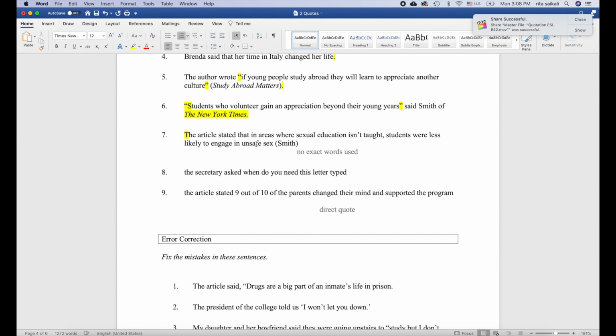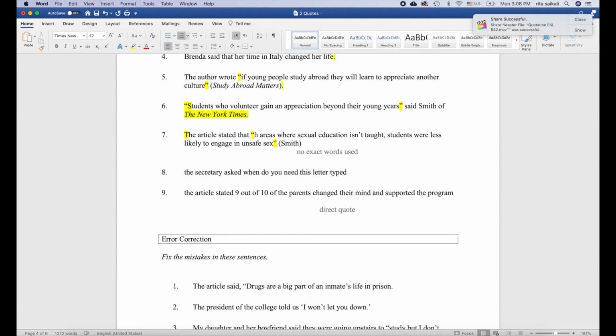The article stated that "in areas where sexual education isn't enough, students were less likely to engage in unsafe sex." Okay, so the article stated that, we have to put quotation marks because this is exactly what the article stated. So what do we have here? In is not capital, well, let me see. In areas where sexual education isn't enough, students were less likely to engage.